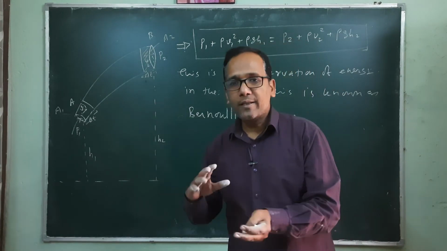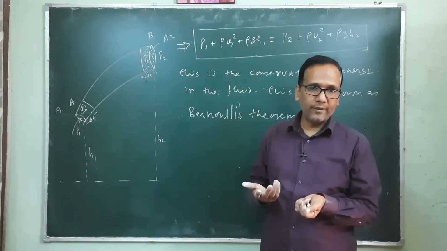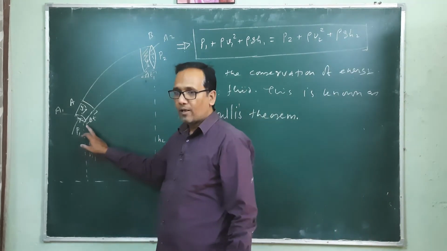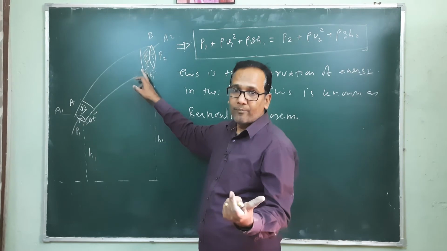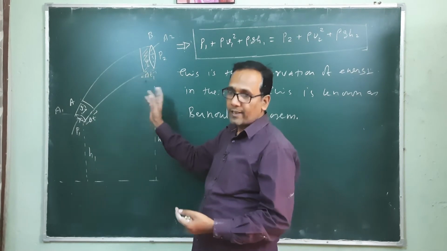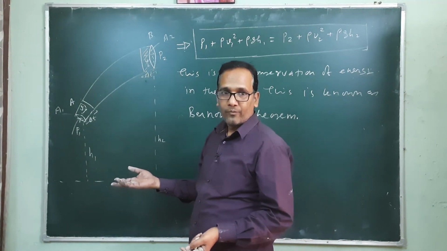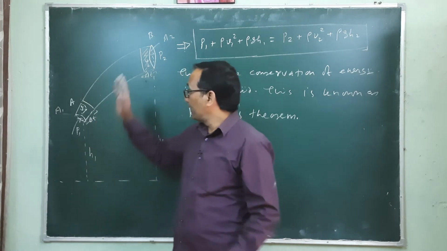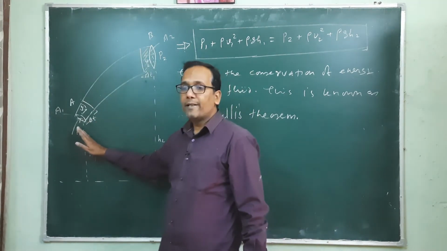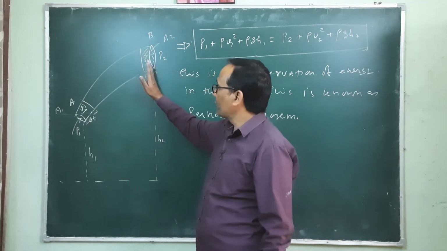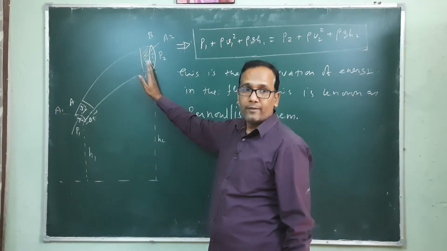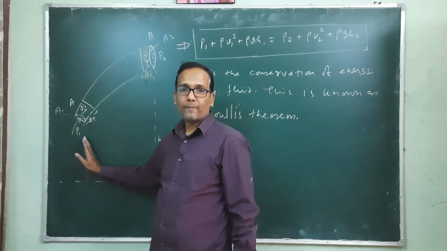That work done is converted into kinetic energy and potential energy. So the change in kinetic energy is half m v2 square minus half m v1 square, since the mass is the same. Similarly, we take the potential energy at the higher end minus the potential energy at the lower end.